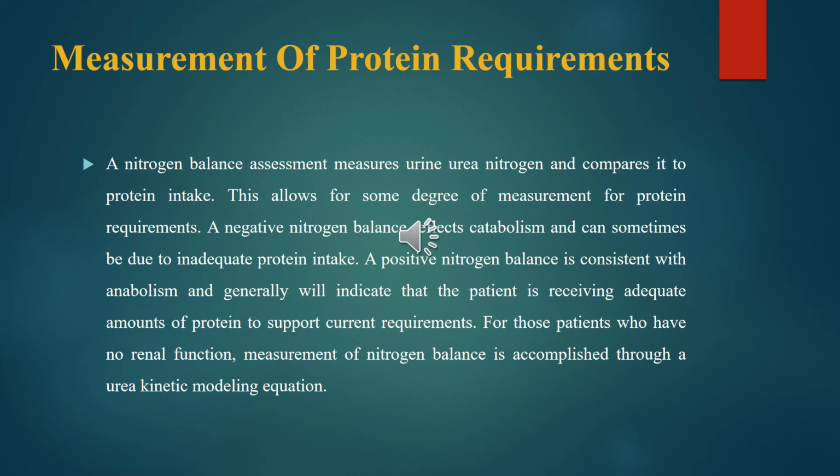The adaptive response of the body in such a situation is to utilize the protein more efficiently and to decrease the expenditure. So in a well-nourished or healthy person, when protein intake is low, the body adapts to decrease losses and utilize the protein.